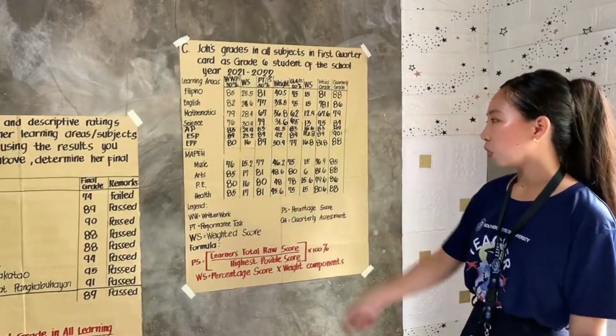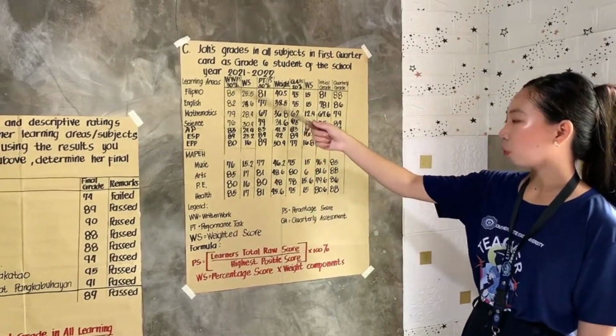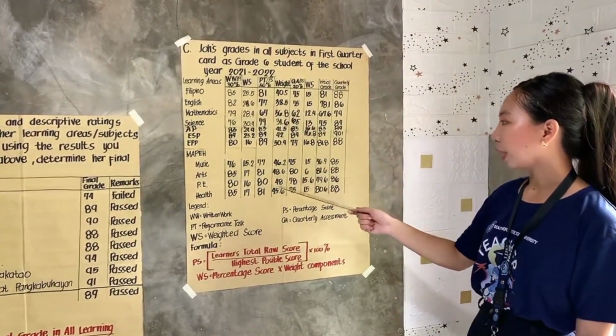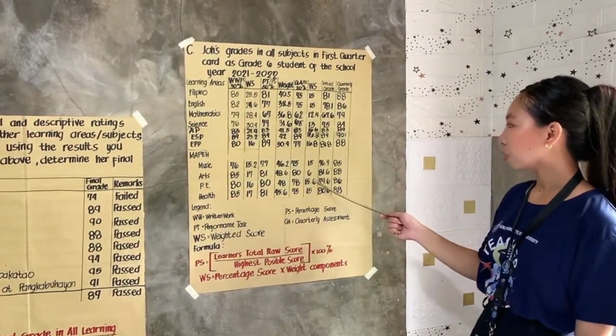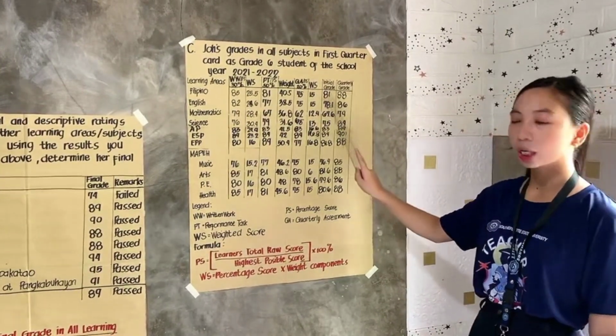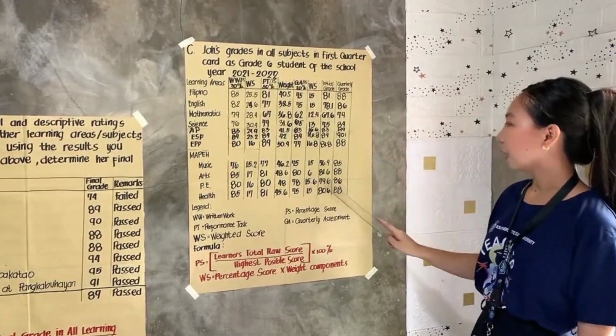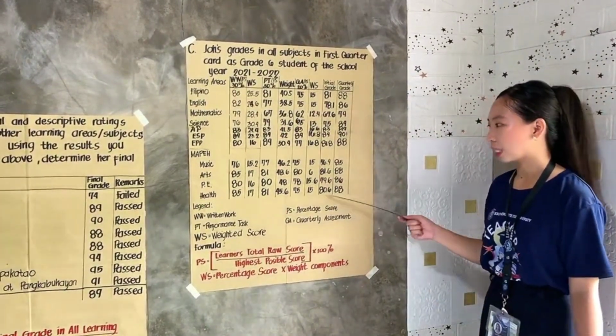In physical education, he got 16 weighted score in written work, and 48 weighted score in performance task, 15.6 weighted score in quarterly assessment, and that will be total 79.6.